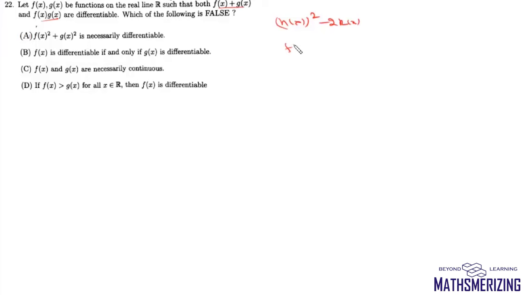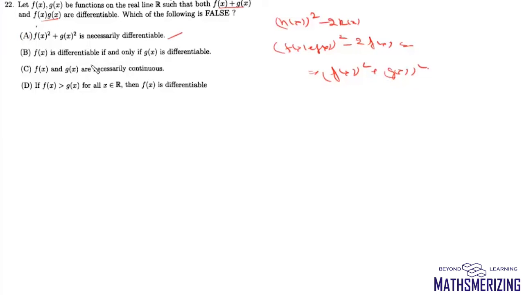Now h(x) is f(x) plus g(x) whole square and k(x) is f(x) into g(x). So from here we can say f(x) square plus g(x) square will be a differentiable function. So that means f square x plus g square x is differentiable.